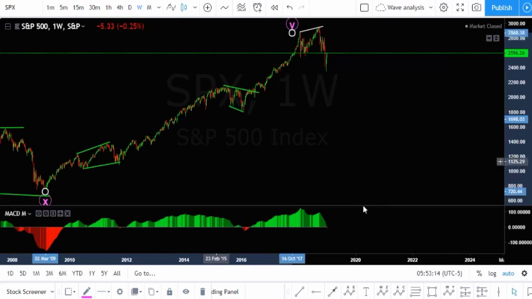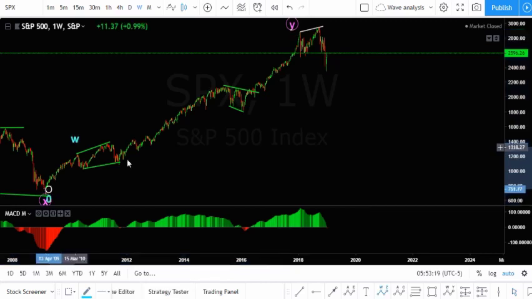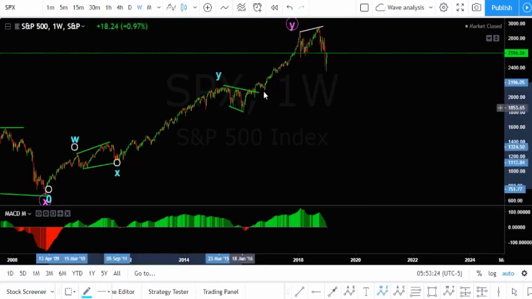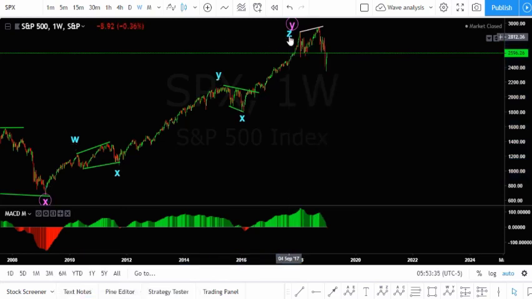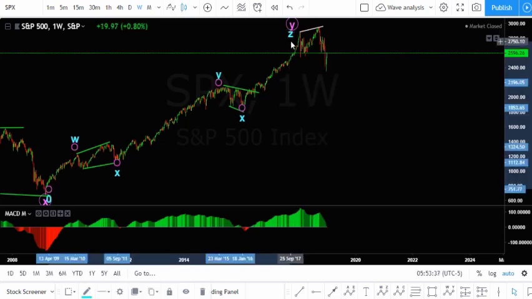So now we've already marked our corrections. This will become a W, X, Y, X, Z. And we can change the degrees.